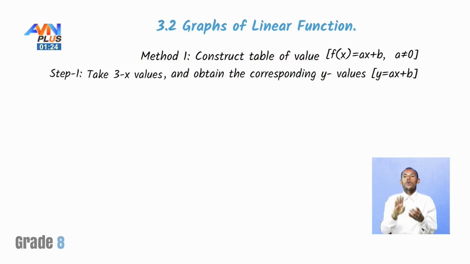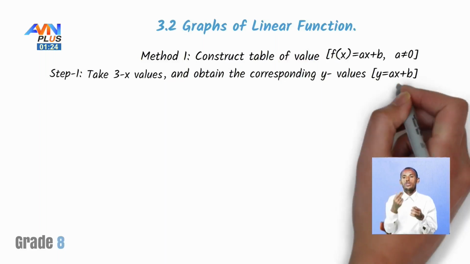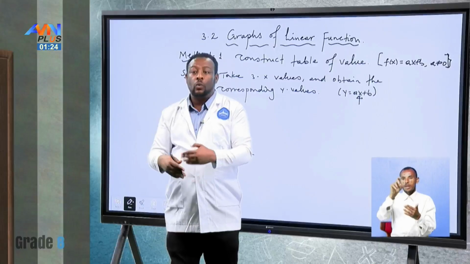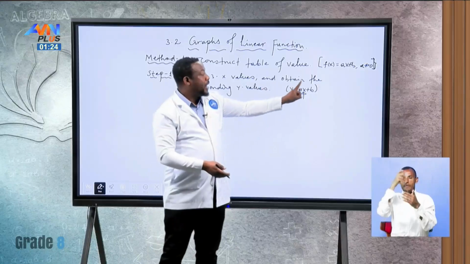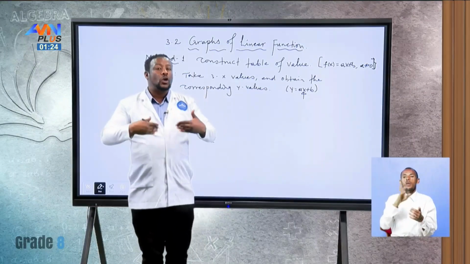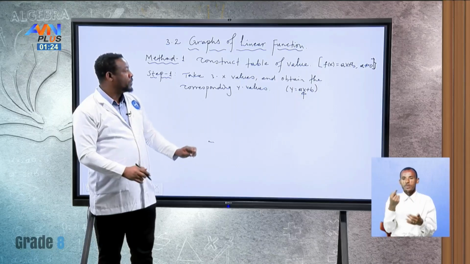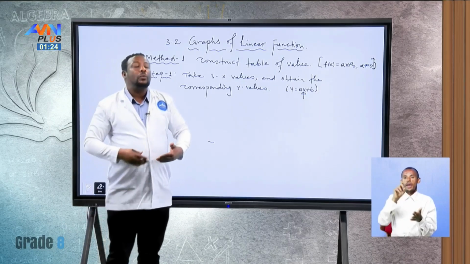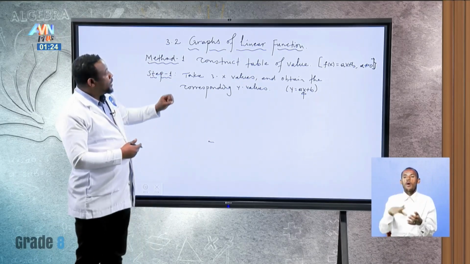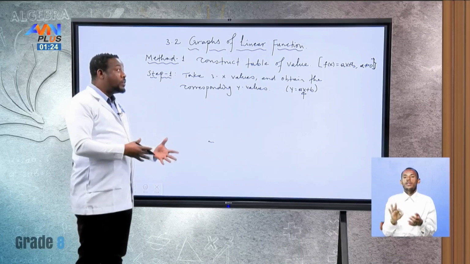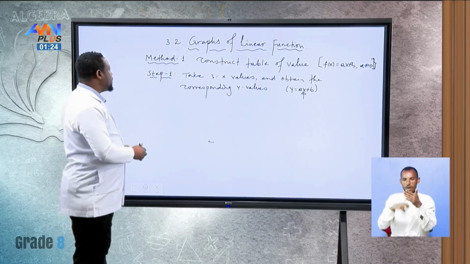Whenever you plug different x values here, you will get y values, because a and b are certain known constant values. So for each of those 3 points of x, we will obtain a certain unique y value, right? So this is the first step.